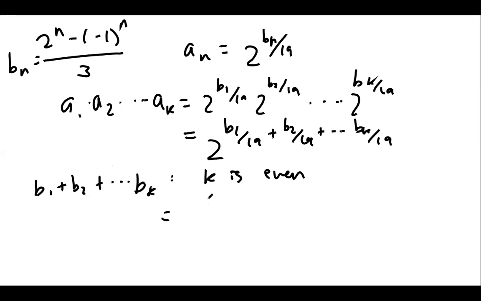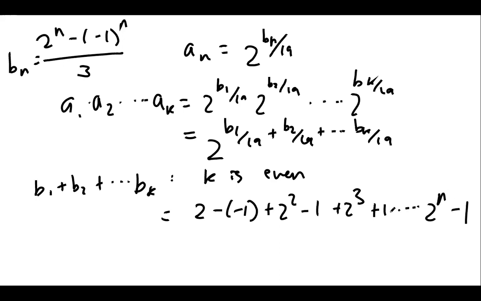This sum equals 2 to the 1 minus negative 1, plus 2 squared minus 1, plus 2 cubed plus 1, dot dot dot, all the way to 2 to the n minus 1. And since k is even, all the ones will cancel, and that leaves us with 2 plus 2 squared plus dot dot dot 2 to the k, over 3.